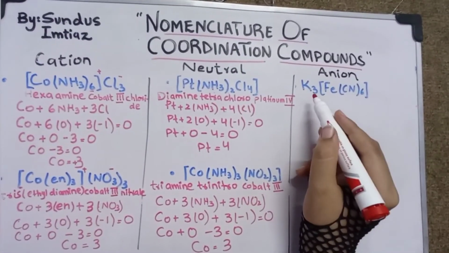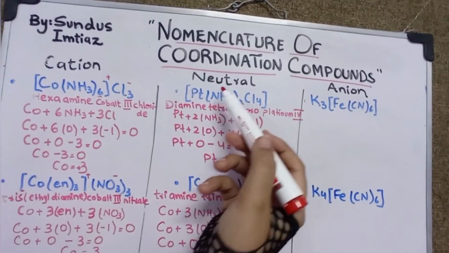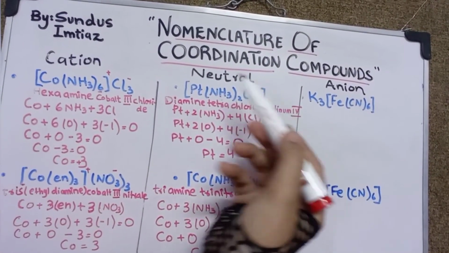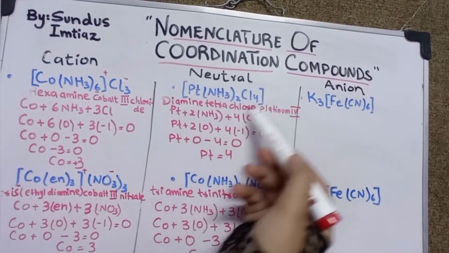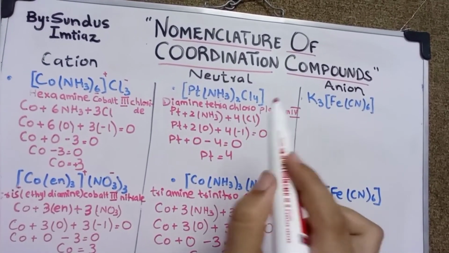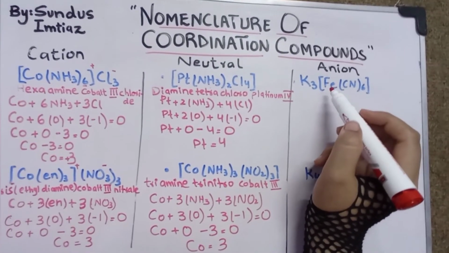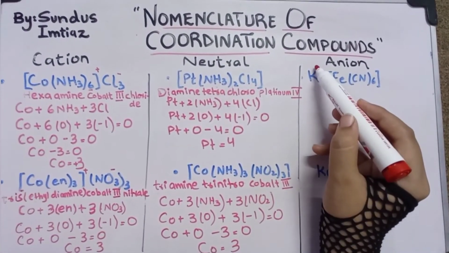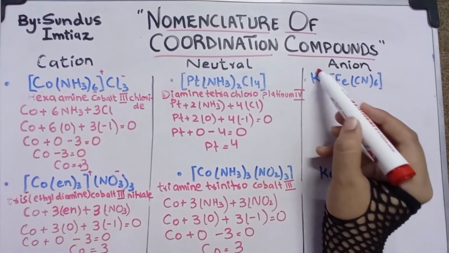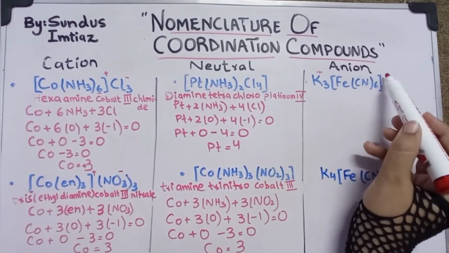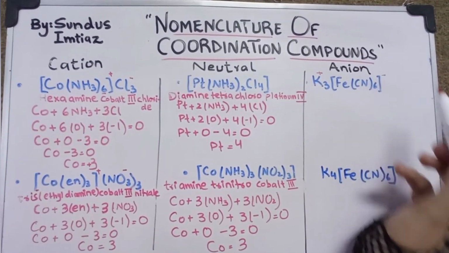Now moving to anions. Why did we say neutral? Because there is neither a negative charge here nor a positive charge here. This is almost neutral, having 0 charge. Now why is this called an anion? Because you can see that potassium has the positive charge, so the other side would have negative charge.